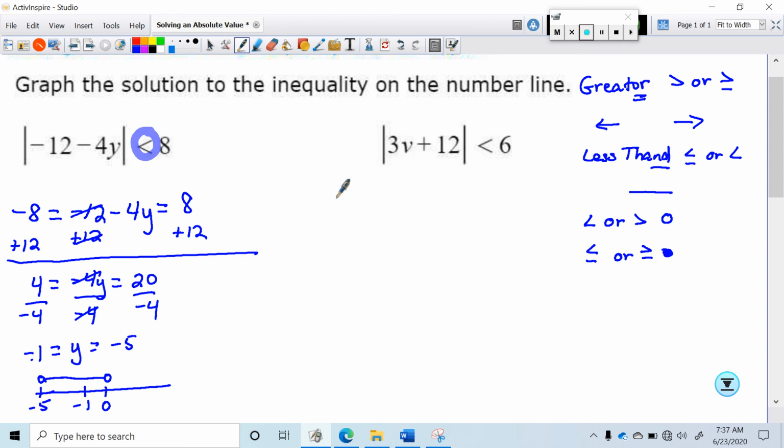Okay, so the next one I'm going to write as negative 6 is less than 3b plus 12 is less than 6. So whatever's at the end, just take the opposite, pop it out front, and that way you're able to get rid of the absolute value symbols. I'm going to subtract 12 from each piece.